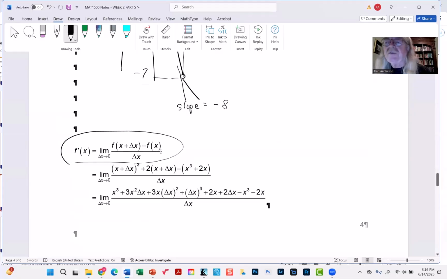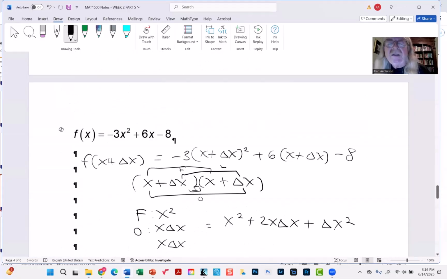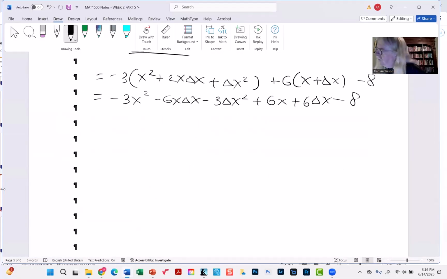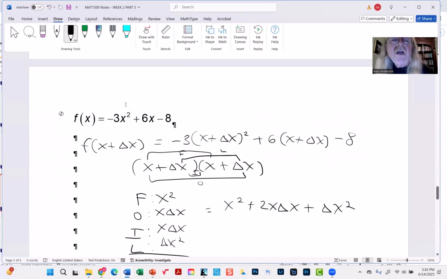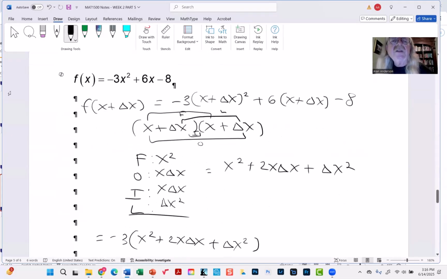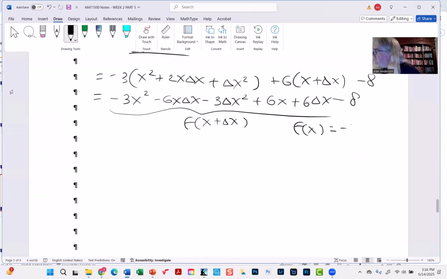We now need to subtract from that f of x. So our f of x is negative 3x squared plus 6x minus 8. Okay.